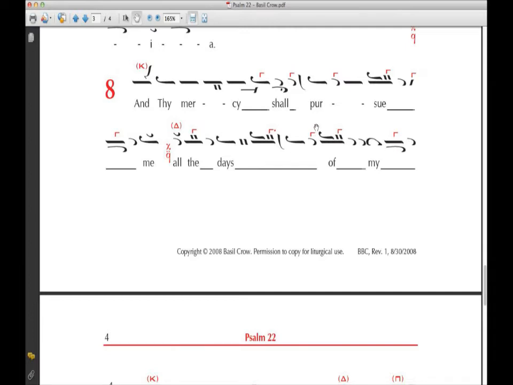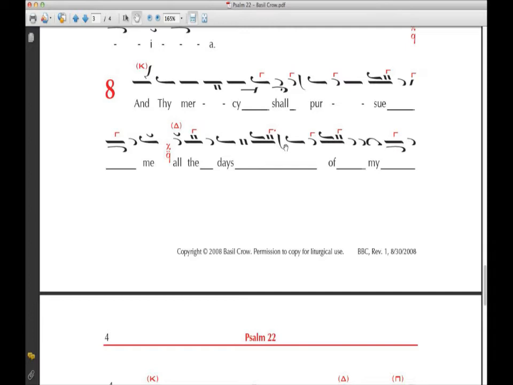Let's just do that one more time. I'm intending to sing somewhat a bit below it. All the days, that's what I'm missing. That's just the interval you're supposed to have.